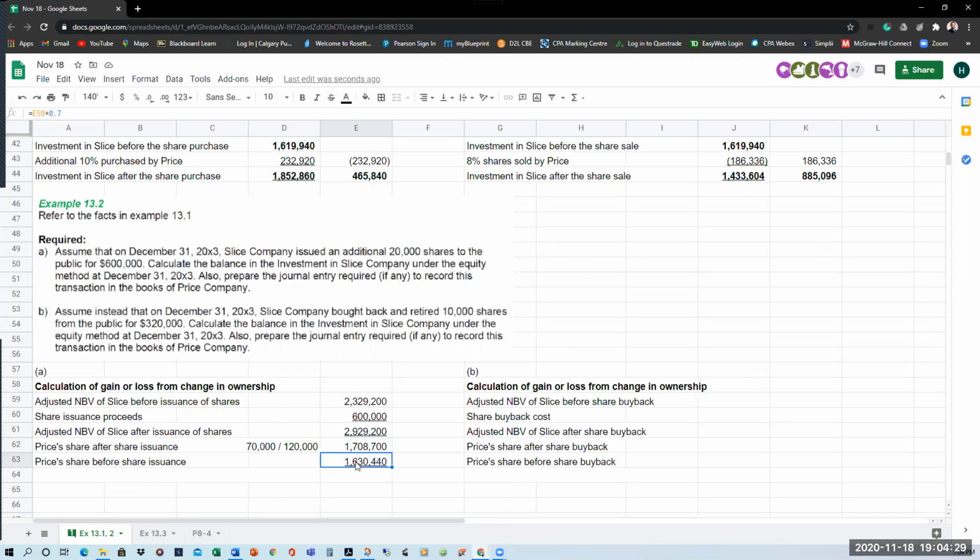Earlier, Price Company owned 70% of Slice, but its 70% ownership was worth 1,630,440. After the share issuance by Slice, even with a smaller percentage ownership, the actual value of that ownership is higher. The investment is worth more.